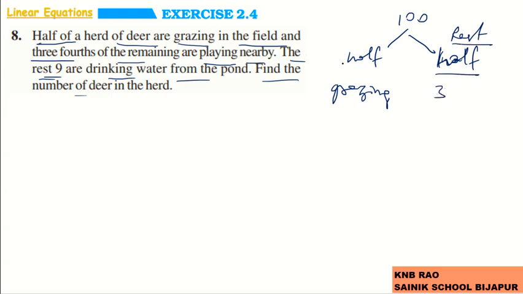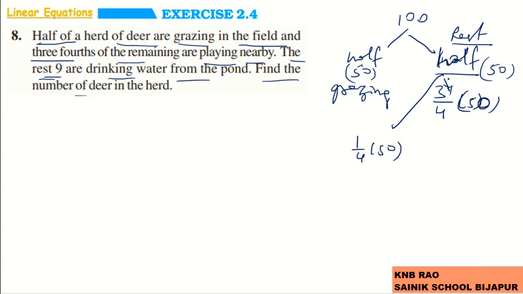So, half means 50 are grazing, the rest 50, and in this 50, 3/4 of 50 are playing and 1/4 of 50 is remaining, which is again the rest.